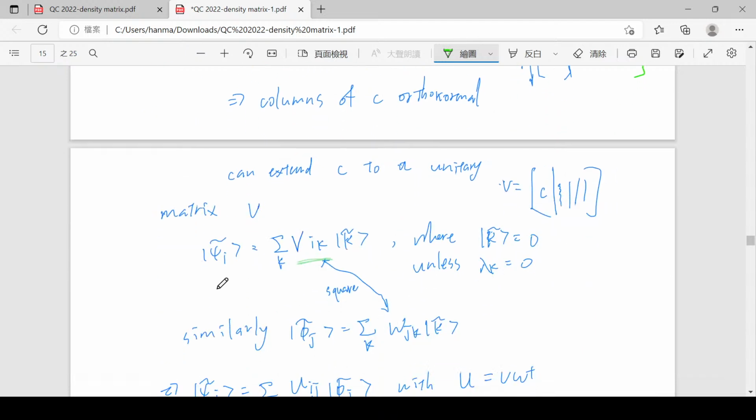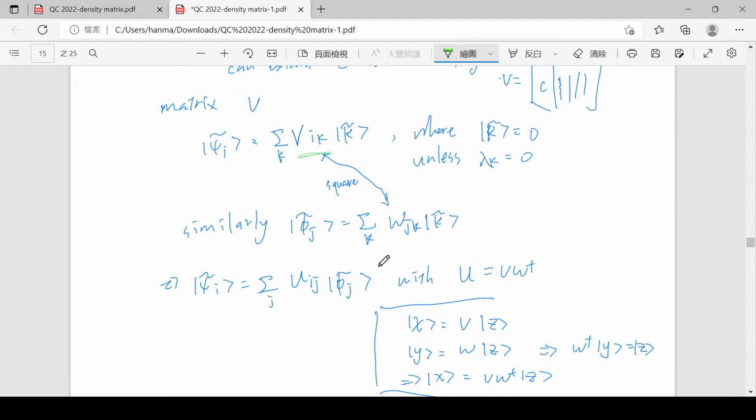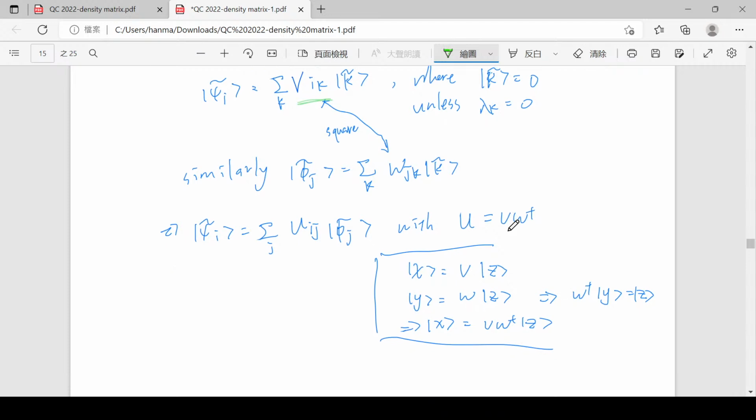And so you can really write this. Okay, so I rename this C, so I fill this C to a unitary and call that V. So those psi tilde is some Vik of k tilde. And similarly, you have phi tilde equal to some Wjk of k tilde. This W is also a unitary.